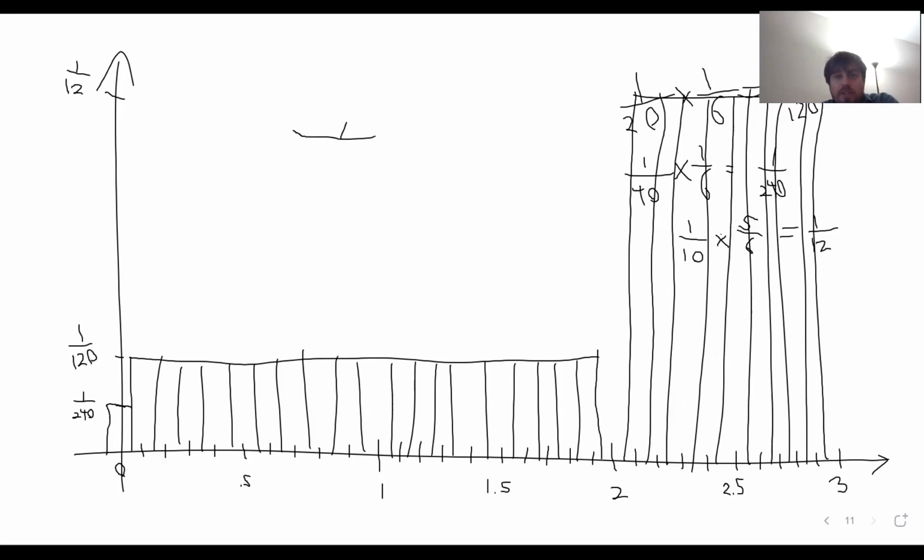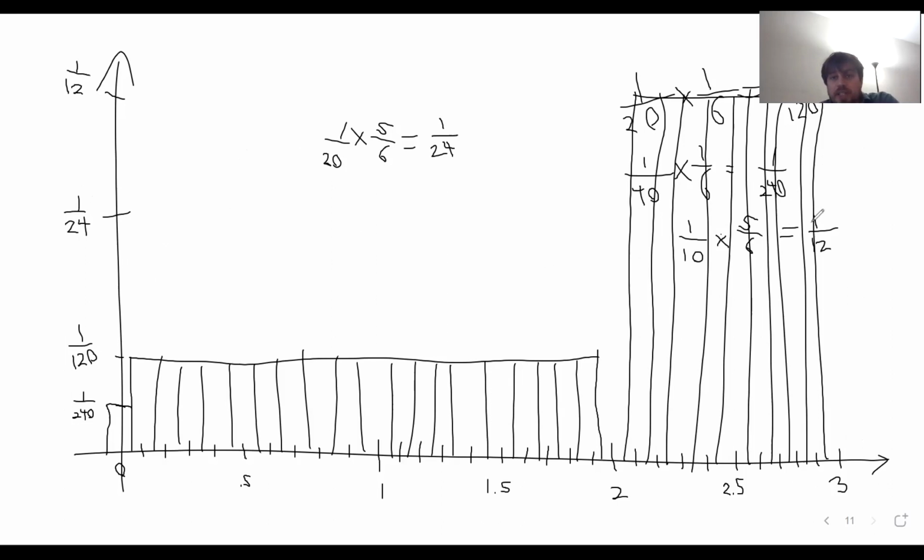If it makes up 1/20th of the space, and there's a 5/6 chance you would choose a number there in the first place, 5 over 20 is 1/4, and 1/4 times 1/6 is 1 over 24. That's half of it. So now there's a 1 over 24 chance, which is much larger than 1 over 120, 5 times as large, that you would end up here.